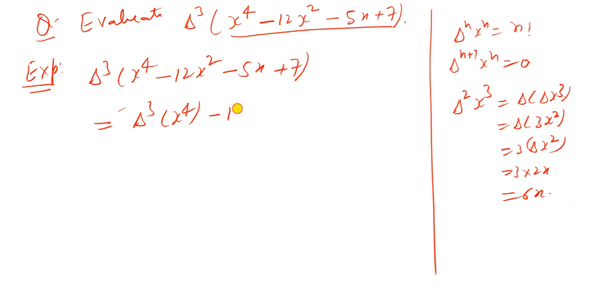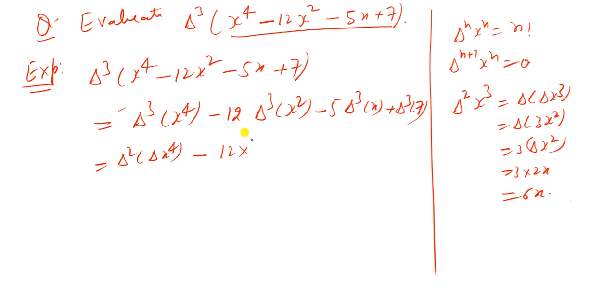So Δ³ x⁴ means Δ² Δ of x⁴, minus 12 into Δ³ x³ is 0, minus 5 into 0 plus 0.